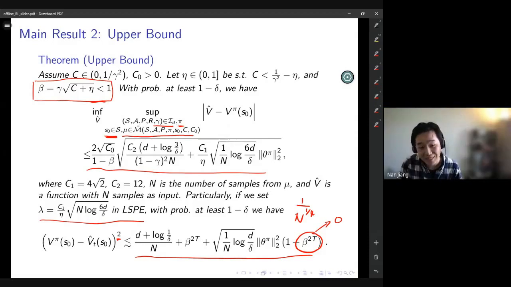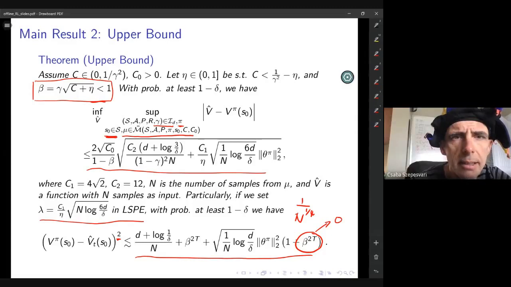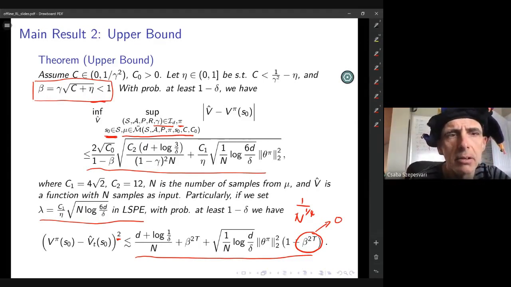Okay, you need to know C1 for that one. But talking about the first result, I know that later on lambda is going to be chosen based on that, but I really wanted to know: does the first result hold for any lambda?